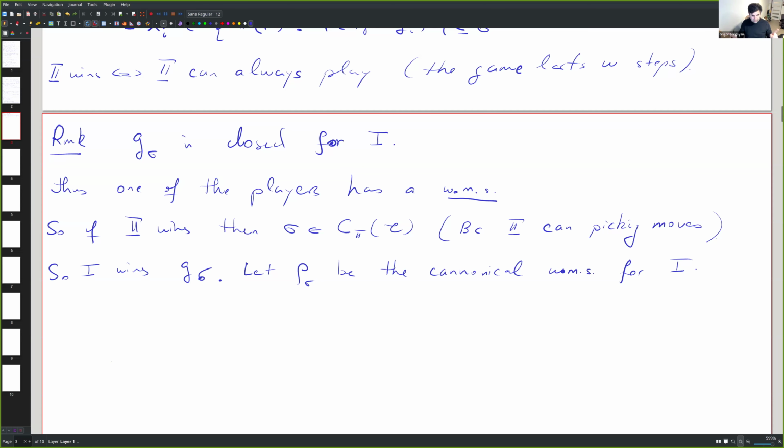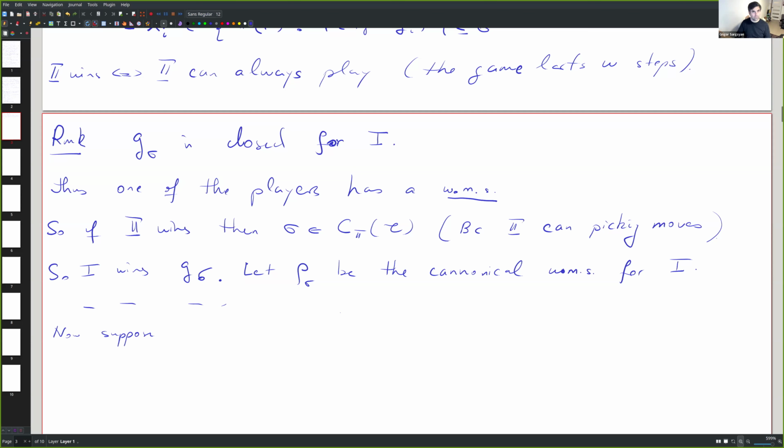Okay, so let's look at the position in one of these G sigma games, right? Now we forget sigma and we consider positions in the G sigma game, but the generic game, not a particular one anymore. So now suppose, right?